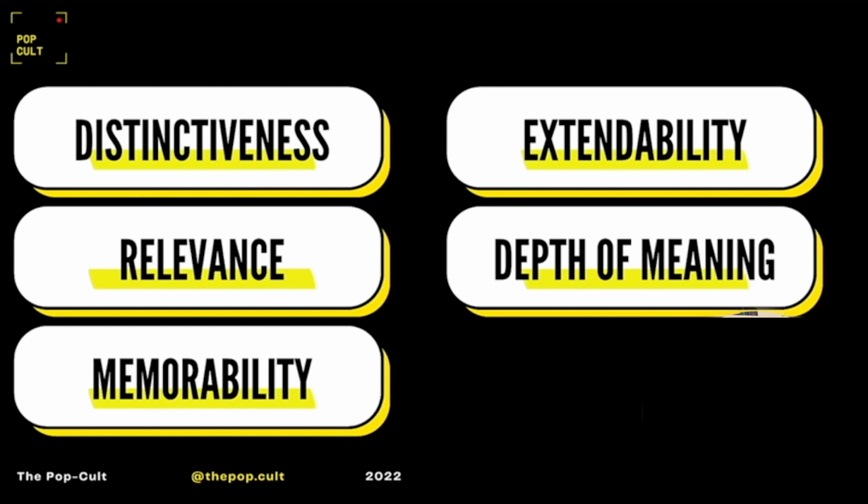Testing for memorability is difficult because memory proves over time. But testing can often reveal the presence of its drivers such as emotion, surprise, distinctiveness, and relevance. Next is extendability. Extendability measures how well a given brand expression will work across media, across cultural borders, and across message types. In other words, does it have legs? Can it be extended into a series if necessary?